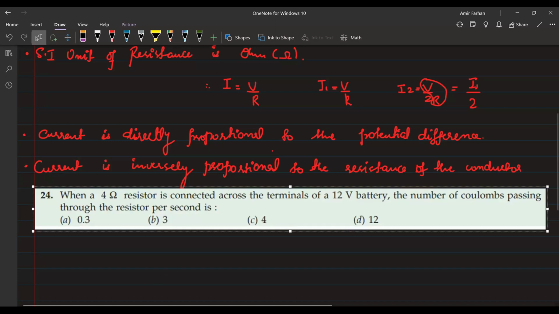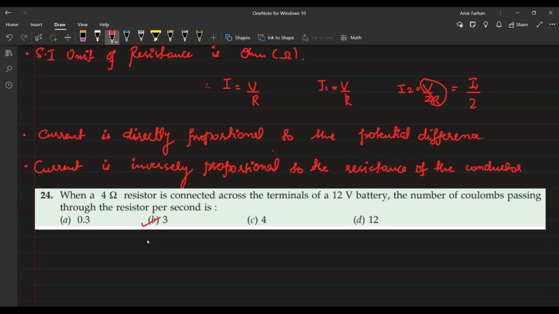Solve this question, everybody. Straightforward question. Good evening, Abdullah. Do this question, Abdullah. Shweta said 3. What about the rest? Samina, what's your answer? 4?